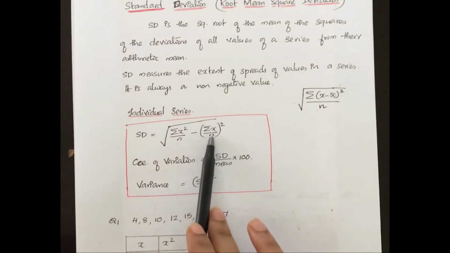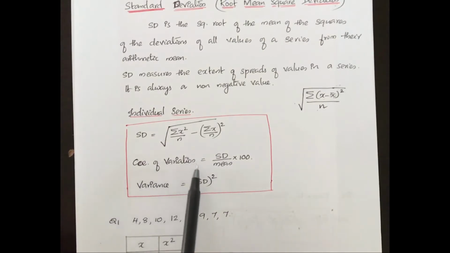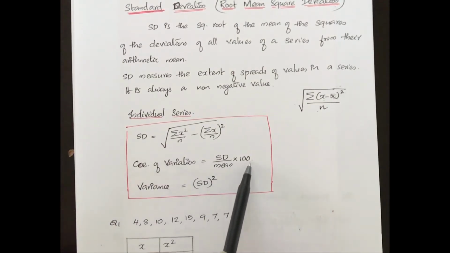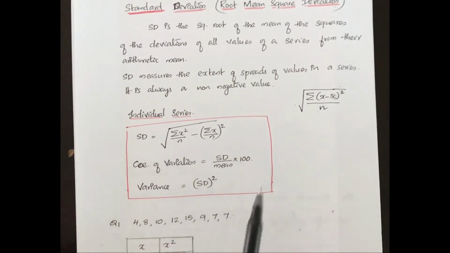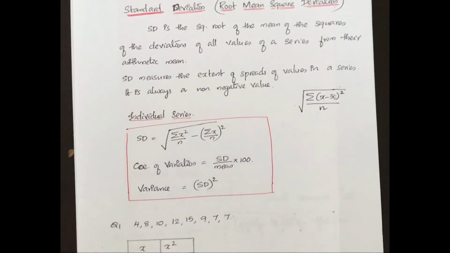Here, summation x by n is the average. Then coefficient of variation is equal to standard deviation divided by mean into 100. It is always represented in percentage. Then variance is the square of standard deviation.